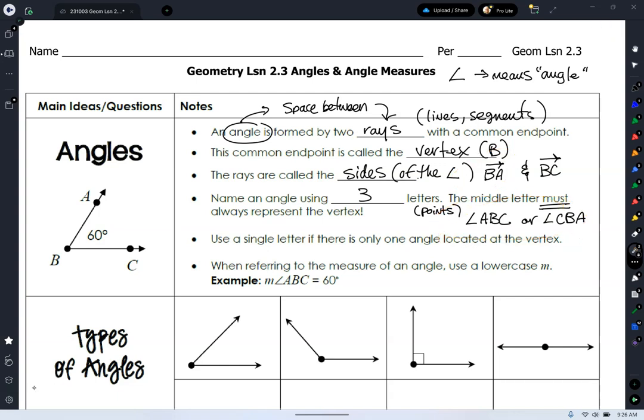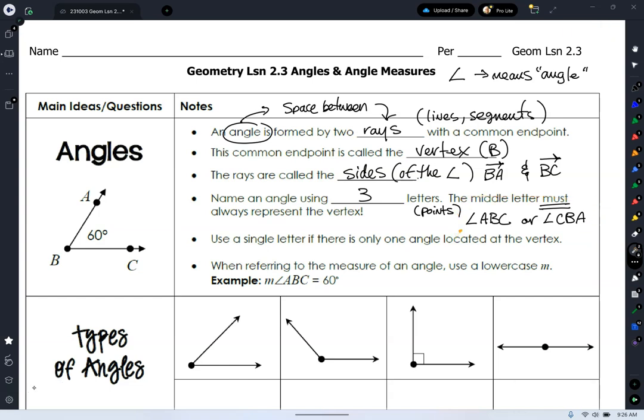Now, there is another way to name angles. You'll see it. You need to know about it. But I'm going to tell you right now, if you always want to get your angle name right, just use 3 letters. You can always name an angle with 3 letters and it'll always be the right format.